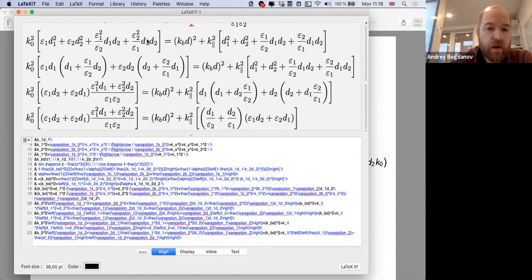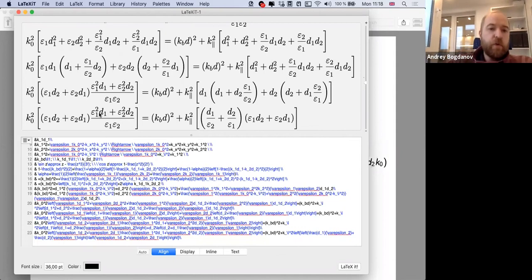And I think I have maybe a small mistake here. Let me check. And at the left part, guys, please have a look. Why do I have square here?